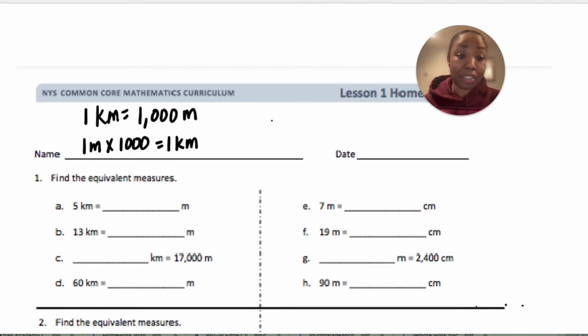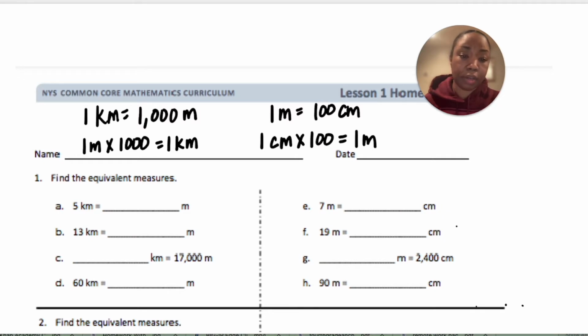For meters and centimeters, 1 meter equals 100 centimeters. So if I do 1 centimeter 100 times, I get 1 meter.